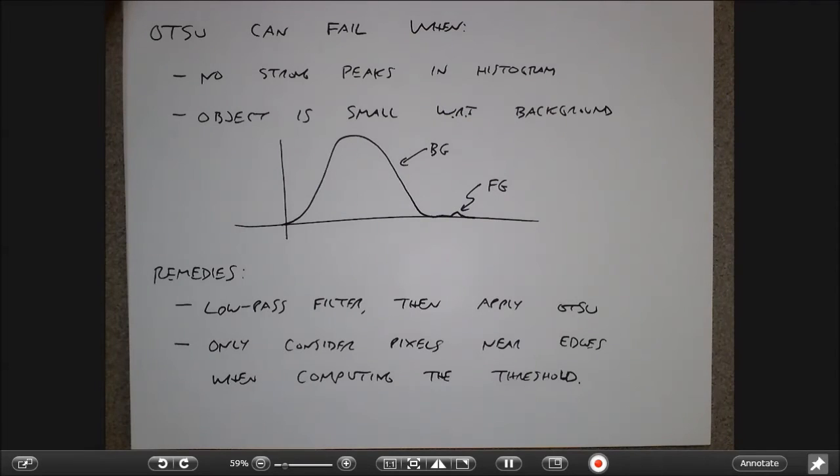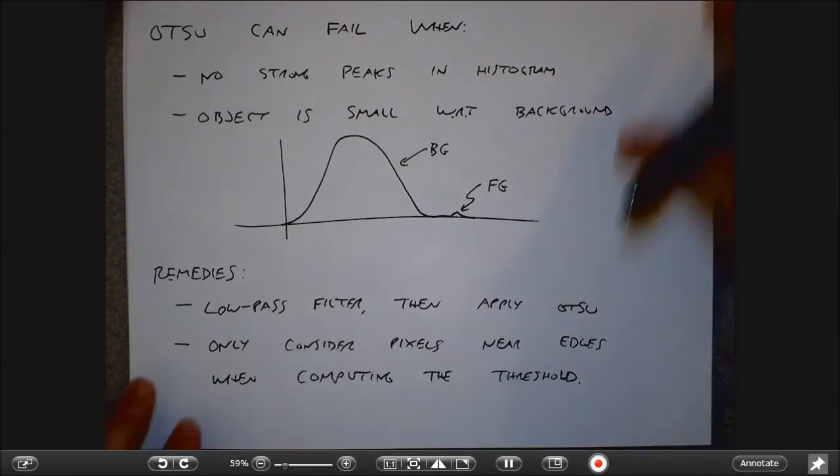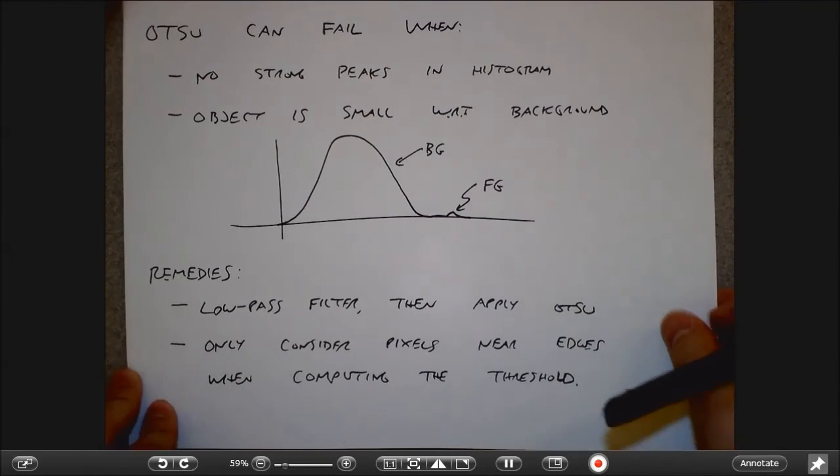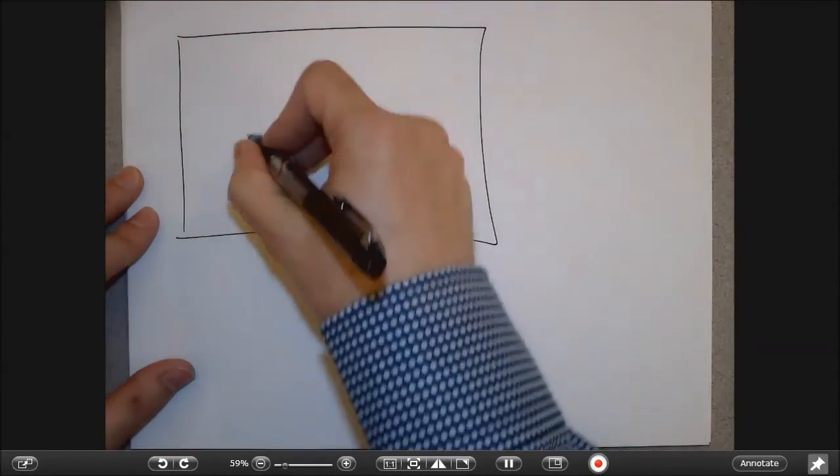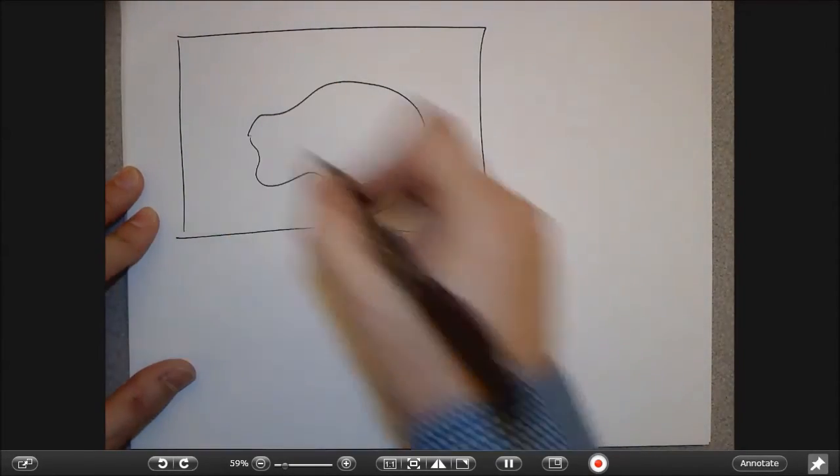Well, you expect that there are going to be some sort of an edge around the object. And so instead of using all the image's pixels, many of which are nowhere near the stuff I want to actually segment, what you could do is say, okay, first I'm going to take my image, I'm going to have my object here.